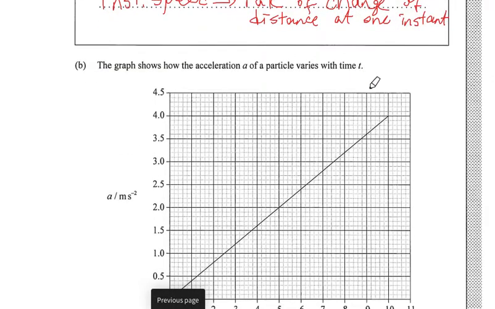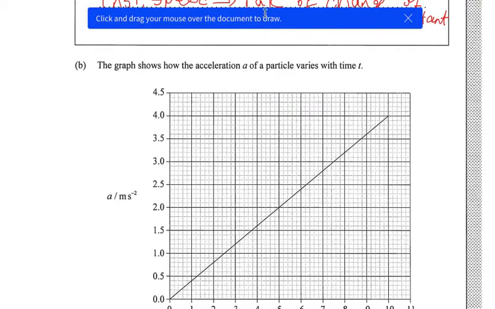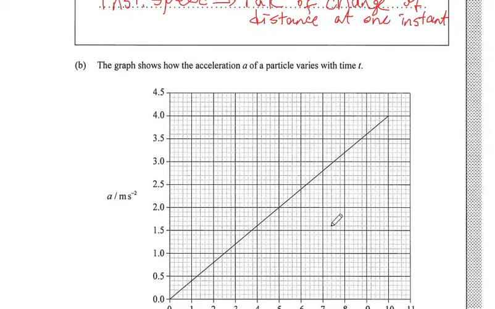And then part B, we have a graph on the next page. We are asked to find the instantaneous speed of the particle at 7.5 seconds. Since we're looking for the instantaneous speed, and we know initially the speed was 0, it's basically going to be equal to the change in speed within 7.5 seconds. So we find that on the graph and then mark that point here where the acceleration is 3 but from 0.